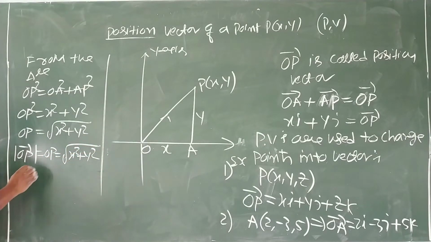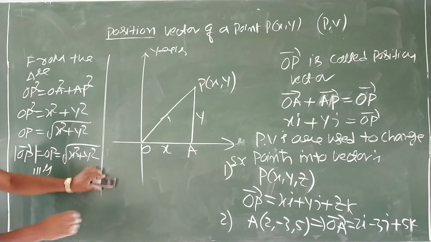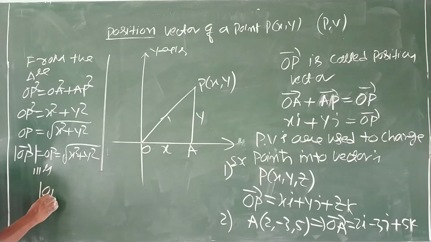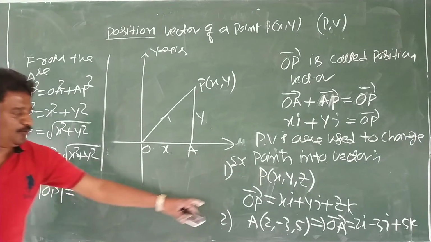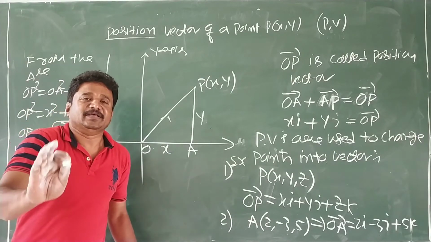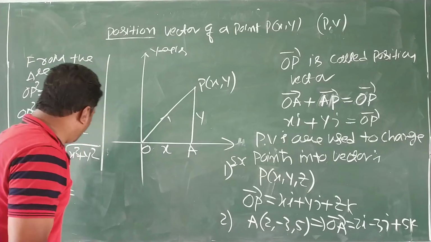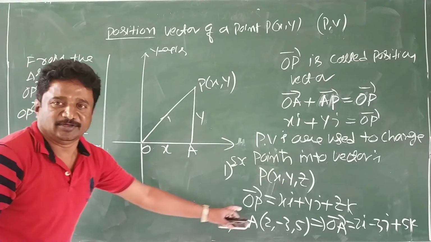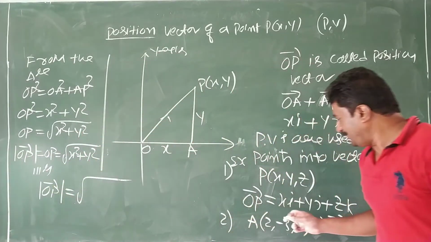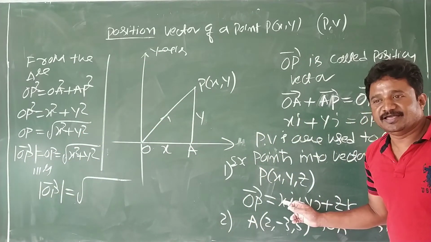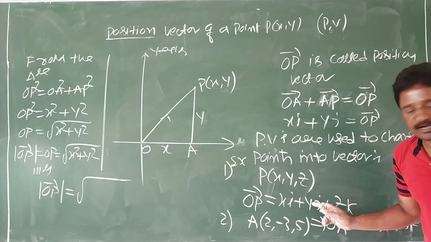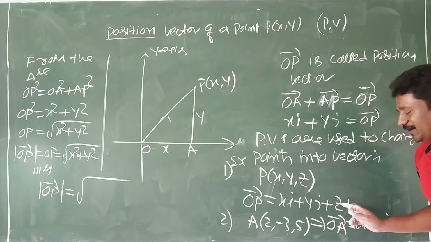Similarly, so length of the vector OP. So how do you get the length of the vector OP? Length of any vector can be obtained like this: root of i-coefficient square, x, plus j-coefficient square, y, plus k-coefficient square, z.